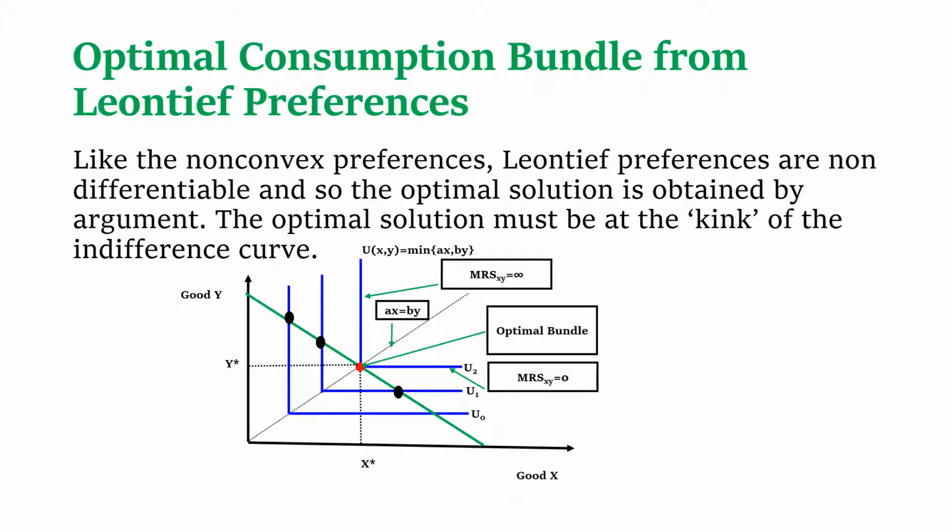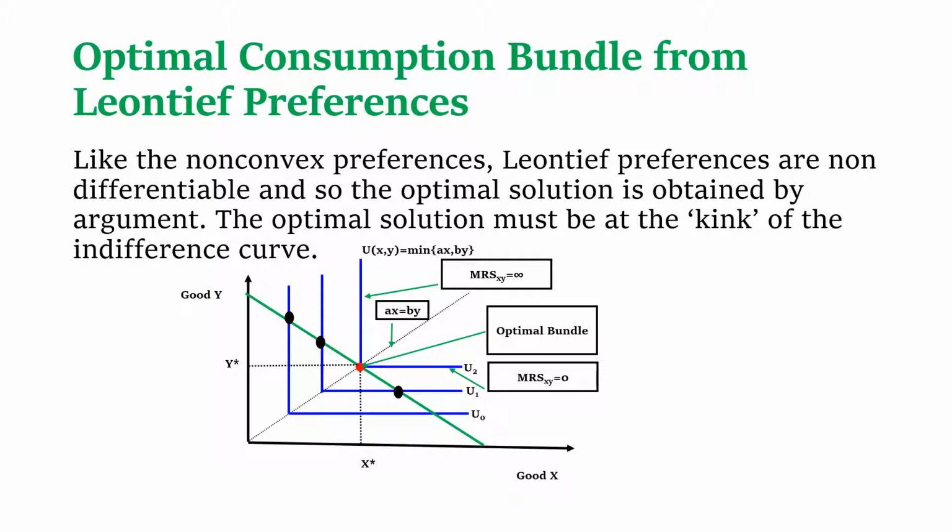Now let's look at the budget line. The budget line is tangential to that point at the kink of that L-shaped indifference curve, in other words, at the corner of that L-shaped indifference curve. So at that point, we have the optimal consumption bundle for each of the goods.